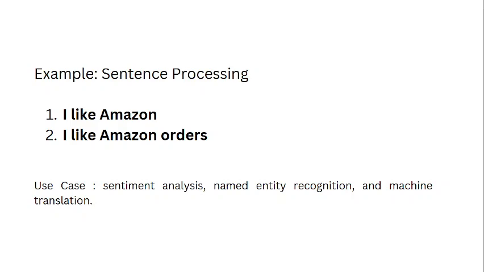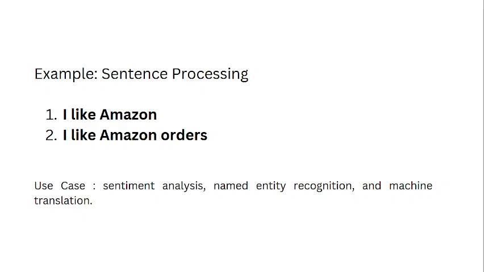This is a top-class e-commerce site. How do we know this? We decide based on the word order. If instead of order it said "I like Amazon darkness", what would it mean? We would predict it is the forest.